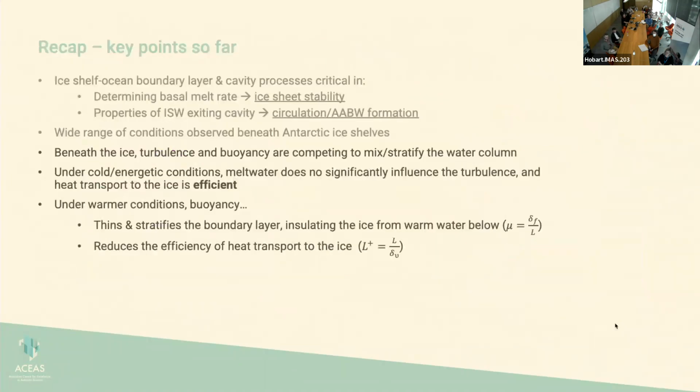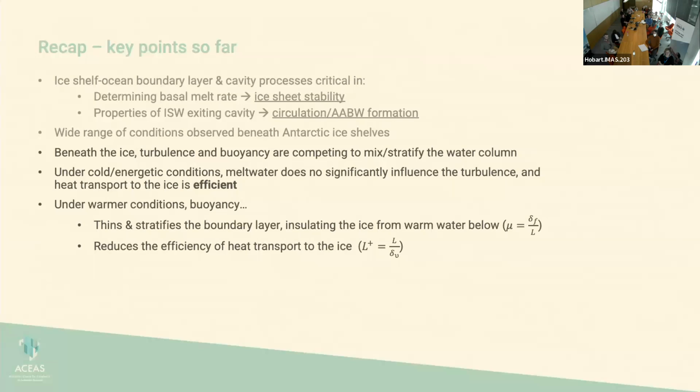Okay, so key points so far. I think it gets lighter from here on out. Beneath the ice, turbulence and buoyancy are in competition. So one's trying to mix the water column and the other is trying to stratify. Under cold and energetic conditions, we find that the meltwater isn't really affecting the environment beneath the ice shelf. So we get this efficient heat transport to the ice and a thick energetic boundary layer.